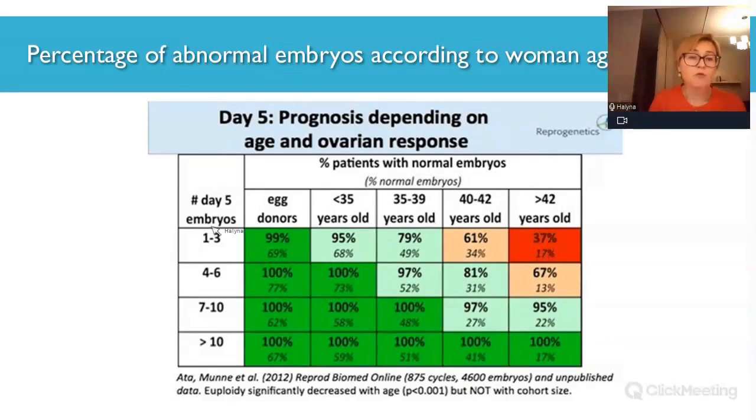But if we have poor responders, 1 to 3 eggs, 42, 43 years old, only 17% of embryos will have normal genetics, and only 37% of women will have at minimum one genetically correct embryo. That's why age is so important.